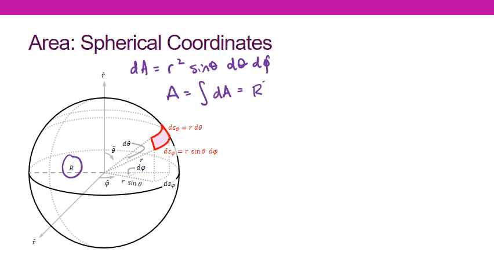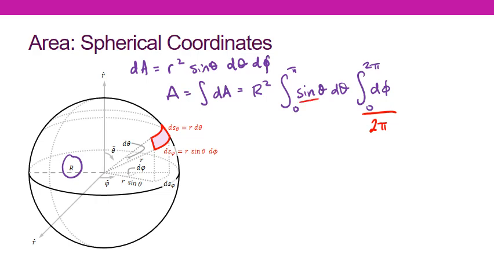So we're going to have r squared, and we want to integrate sine of theta d theta, and we want to do that around half a circle, so that would be 0 to pi. And then we're going to integrate d phi, and we want to do that for the whole circle, so that's 0 to 2 pi. My integral along phi is going to be easy. This is just the integral of dx, so it's just x evaluated at the endpoints. So this is just 2 pi.